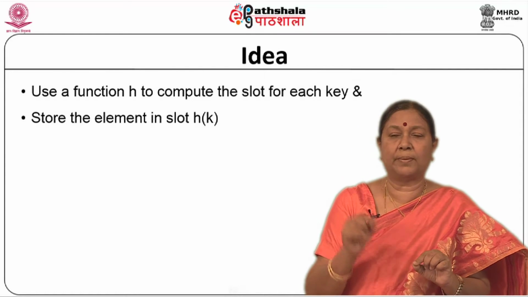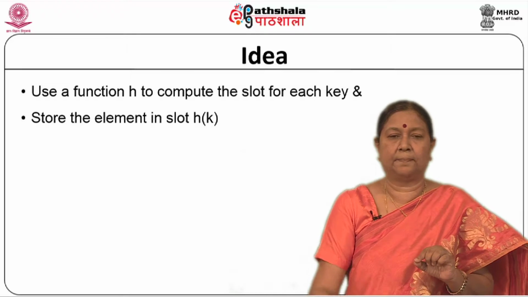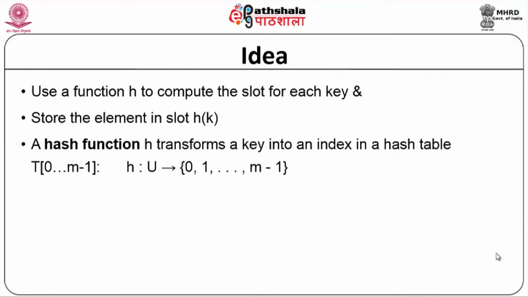So, that is h of k, where k is the key of the item. A hash function h transforms a key into an index in the hash table. Suppose the table size is 0 to m minus 1; the hash function takes the universe of keys and maps them onto the slots 0 to m minus 1. So, we say key k hashes to slot h of k. So, h of k gives you that slot.